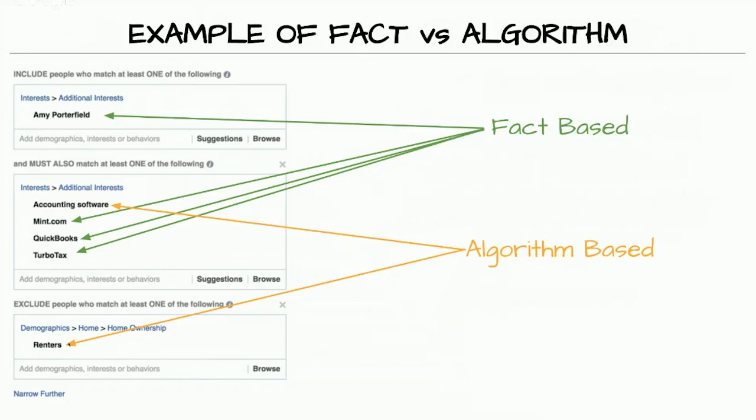But I find quicker success when I use fact-based. So with algorithm-based, you're saying, I'm targeting people that Facebook thinks are renters, or excluding people that Facebook thinks are renters. Gee golly, I hope Facebook is right. So I just want you to understand the difference between fact-based and algorithm-based, and how that can affect your targeting.